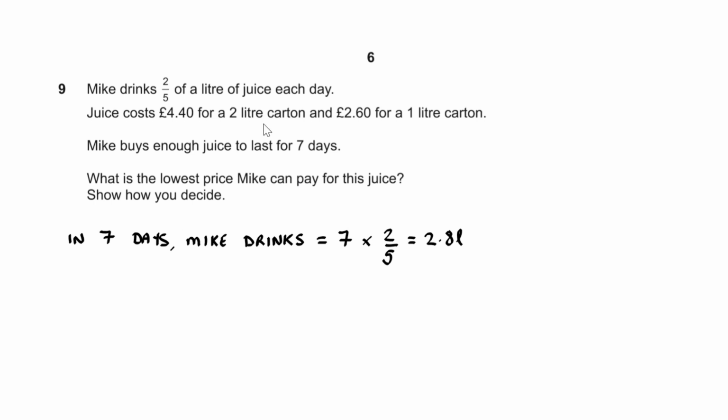And if we think about how we can buy this, well, we can buy a 2 litre carton and we can also buy a 1 litre carton. So we need a 2 litre and a 1 litre carton.